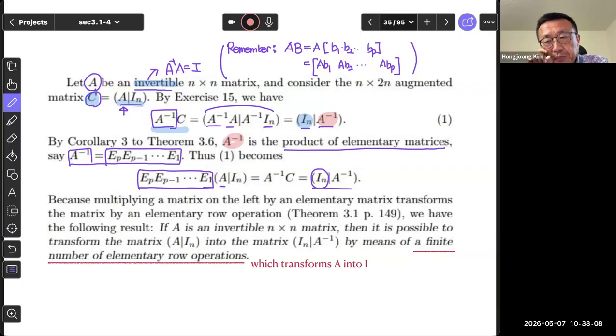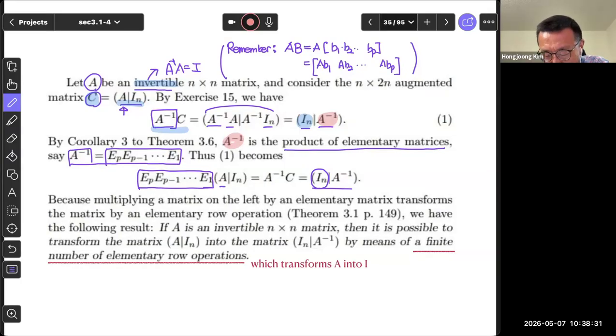Okay? So, given A, we know that if A is invertible, then we can transform A to the identity matrix by performing some row operations. By performing elementary row operations, we can always transform A to the identity matrix.